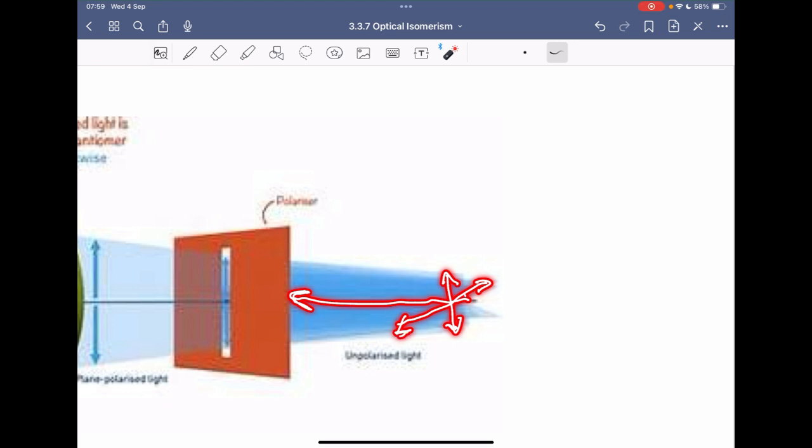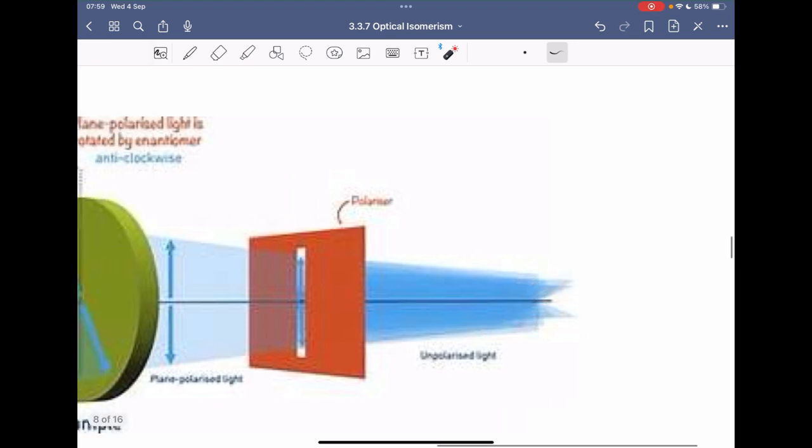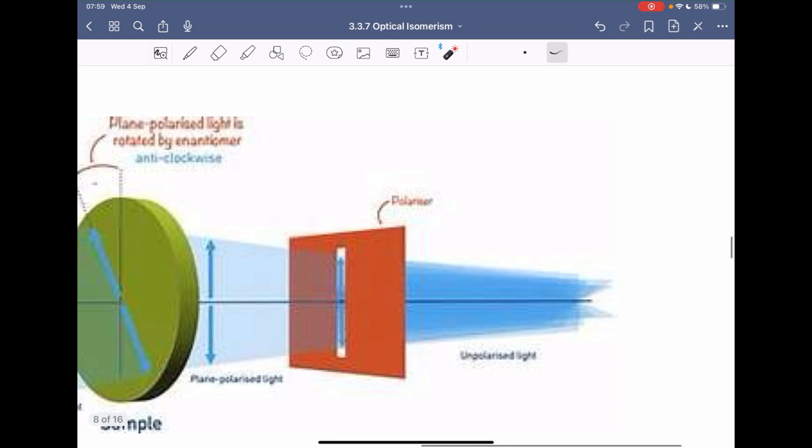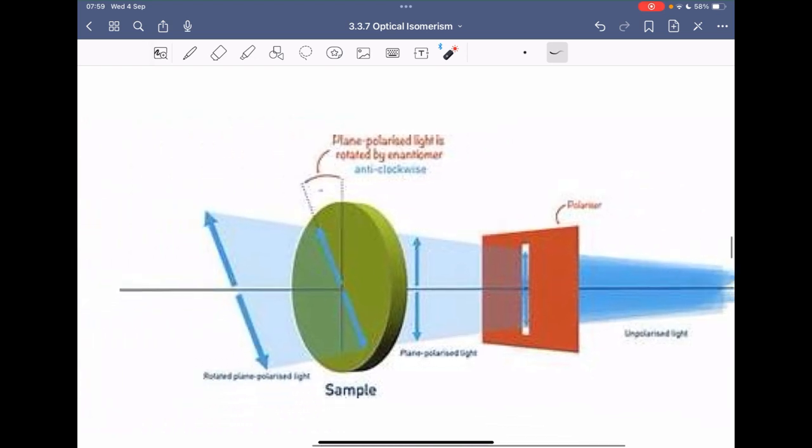But when it goes through the polarizer, only one plane of light is left, okay? So this light, now when it goes to a sample of an optical isomer, the light actually rotates, okay?